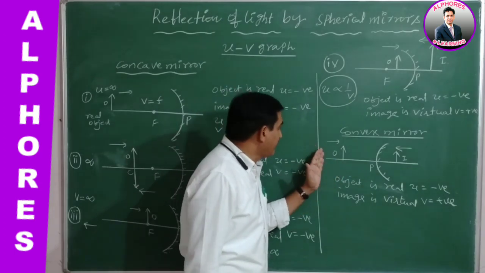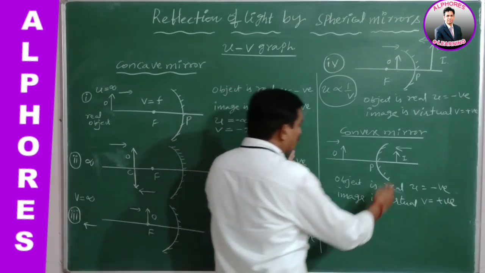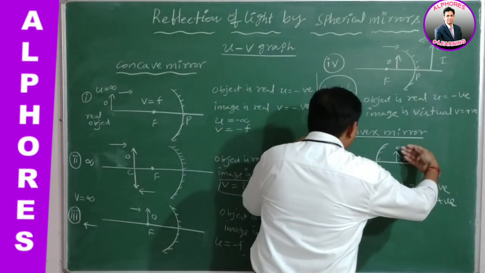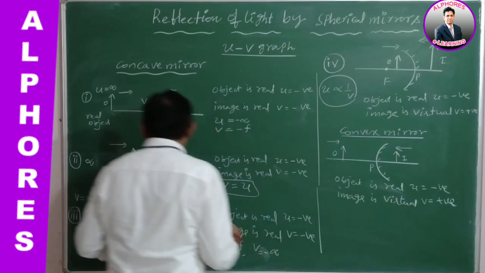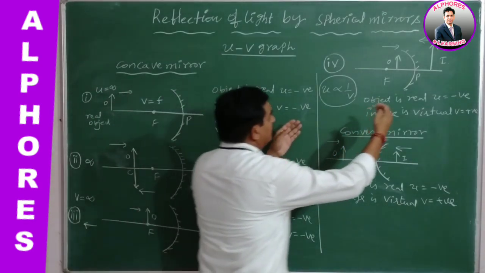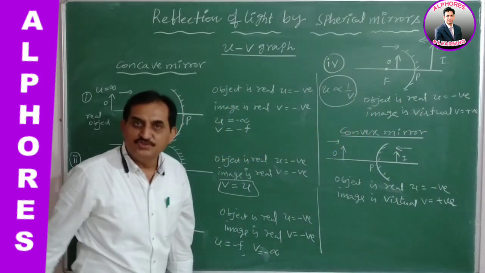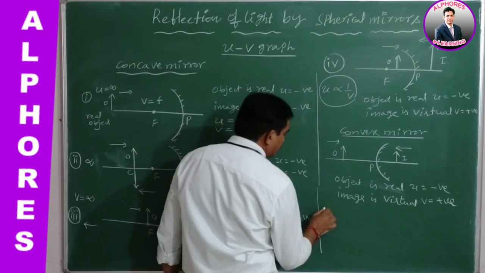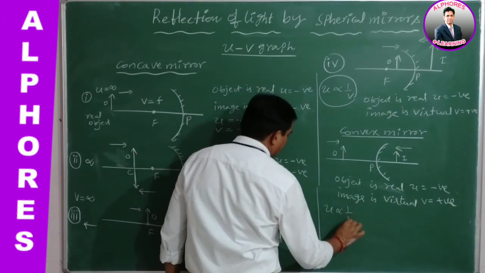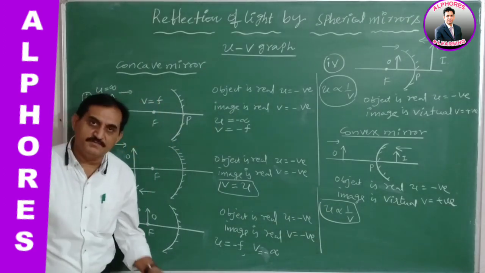Whenever the object approaches the mirror, the image is also approaching the mirror, and both are opposite in direction. Everywhere you observe that they are opposite in direction. Therefore, U is inversely proportional to V. This is the relation between object distance and image distance.